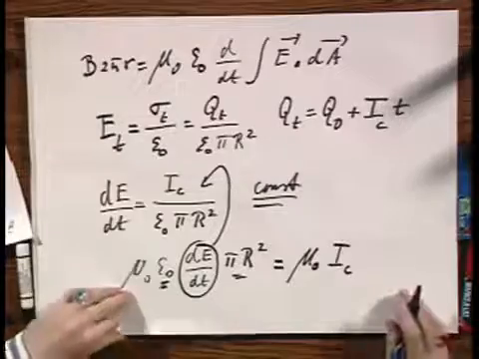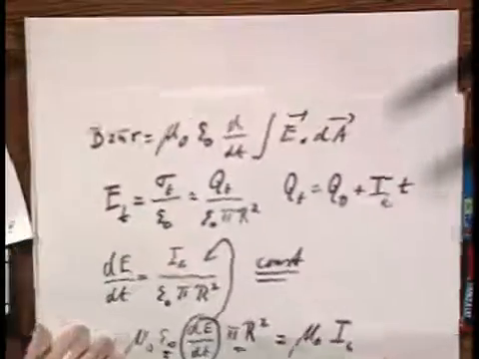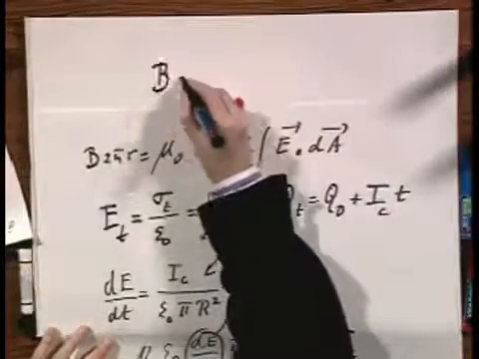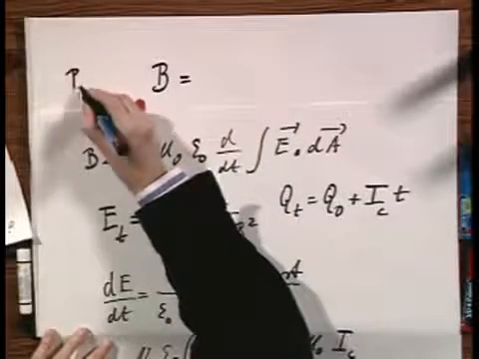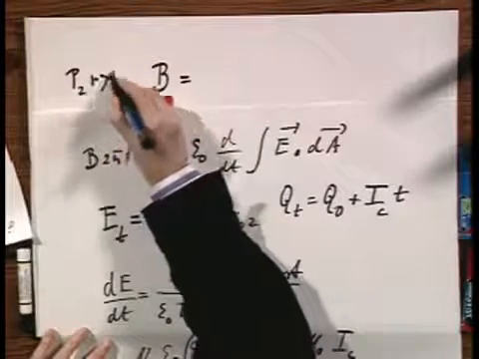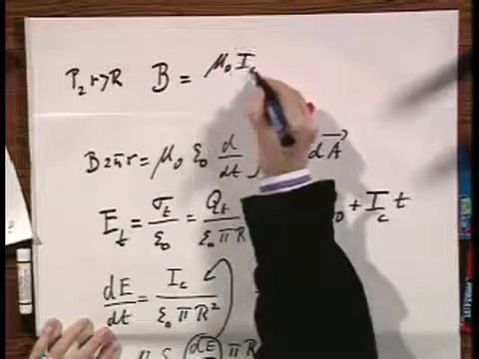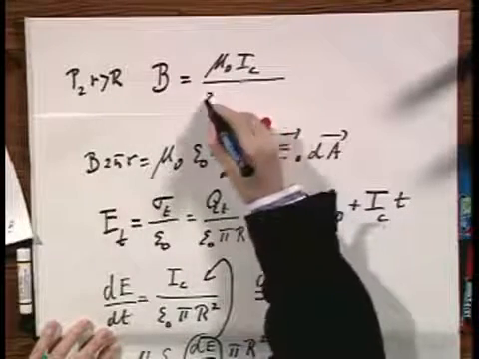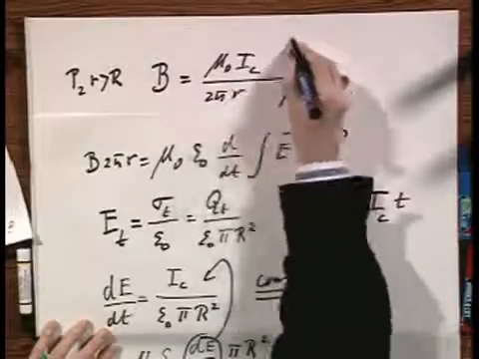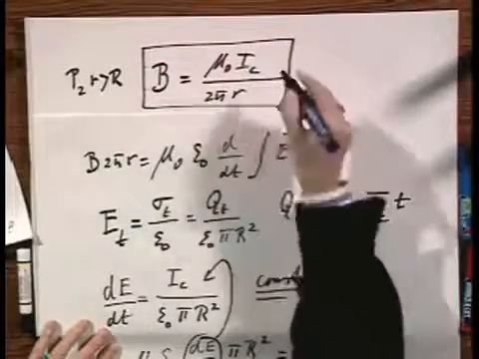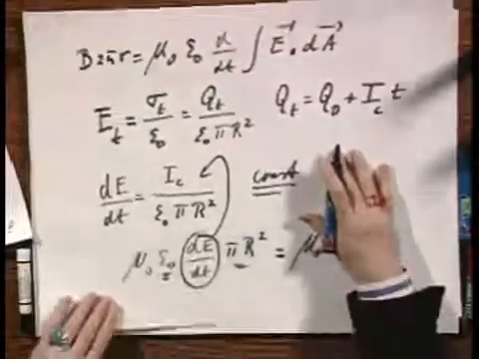And therefore, your magnetic field B at that location P2, where R is larger than the plate radius, between the capacitor plates, equals mu 0 I_C divided by 2 pi R. And that is exactly what we found before, and that should not come as a surprise.